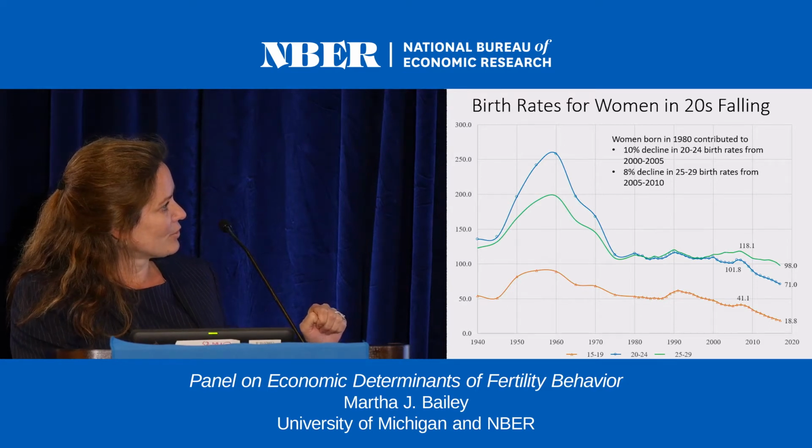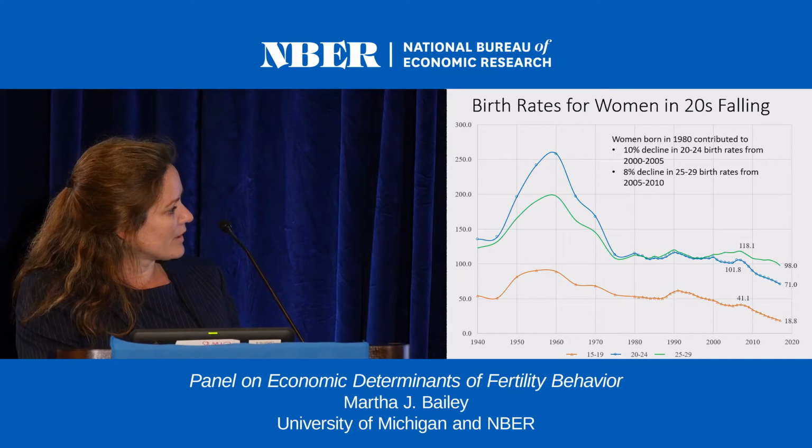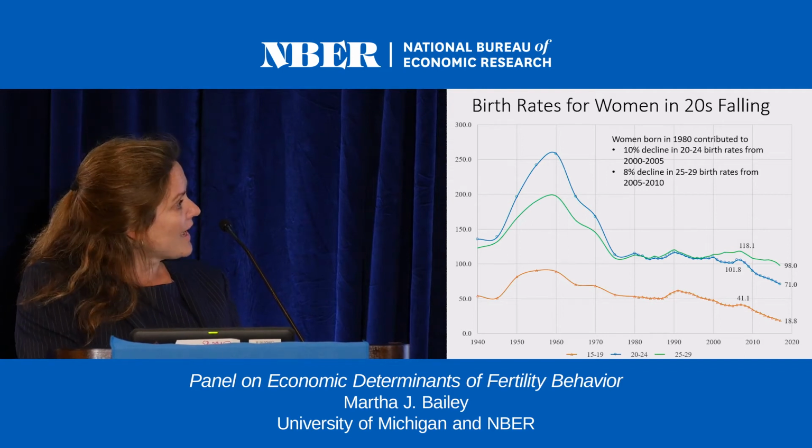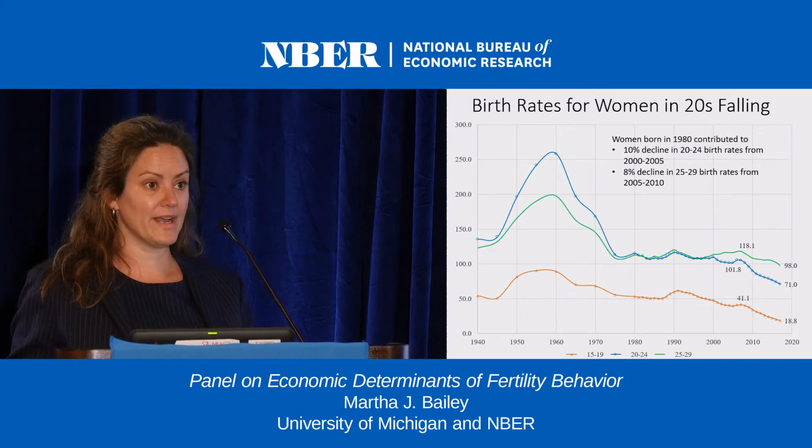And so for women who were born in 1980, they were the ones right here in the early 2000s contributing to a decline in birth rates for that group, and they were also the ones contributing to the decline here in birth rates for 25 to 29-year-olds.